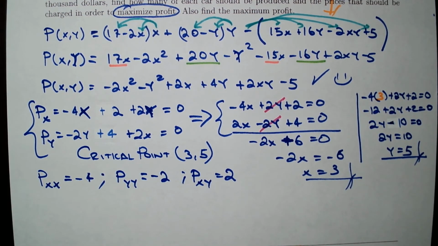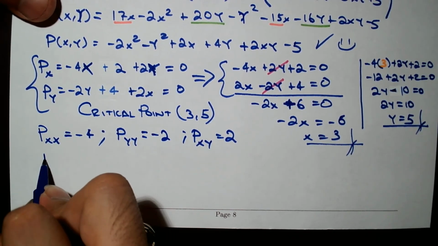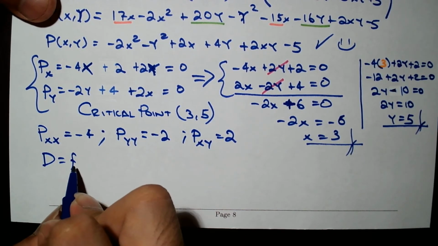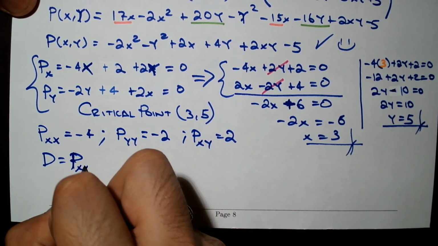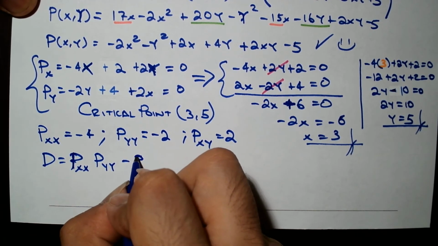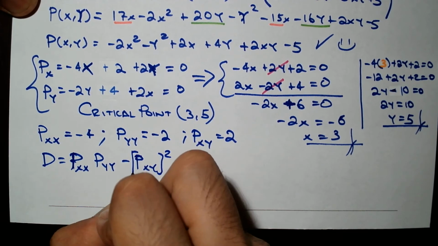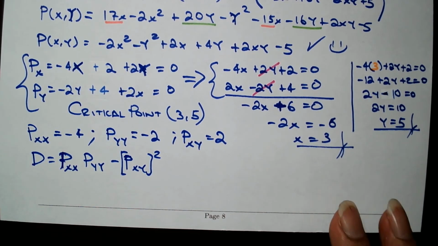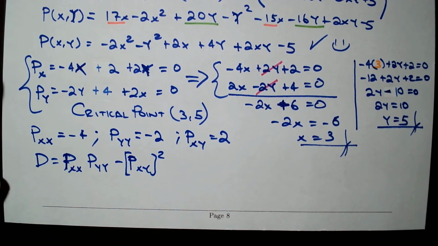All right. So now we are going to build the D expression f, or rather p. In this case, it's not f, it's p. Pxx, pyy minus pxy quantity squared. So let's plug in the numbers.